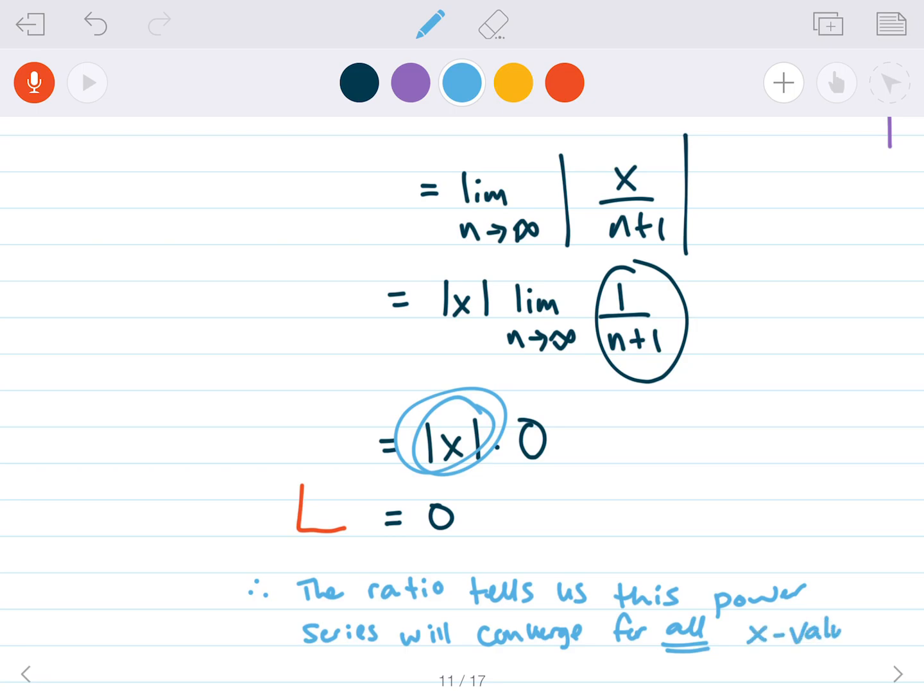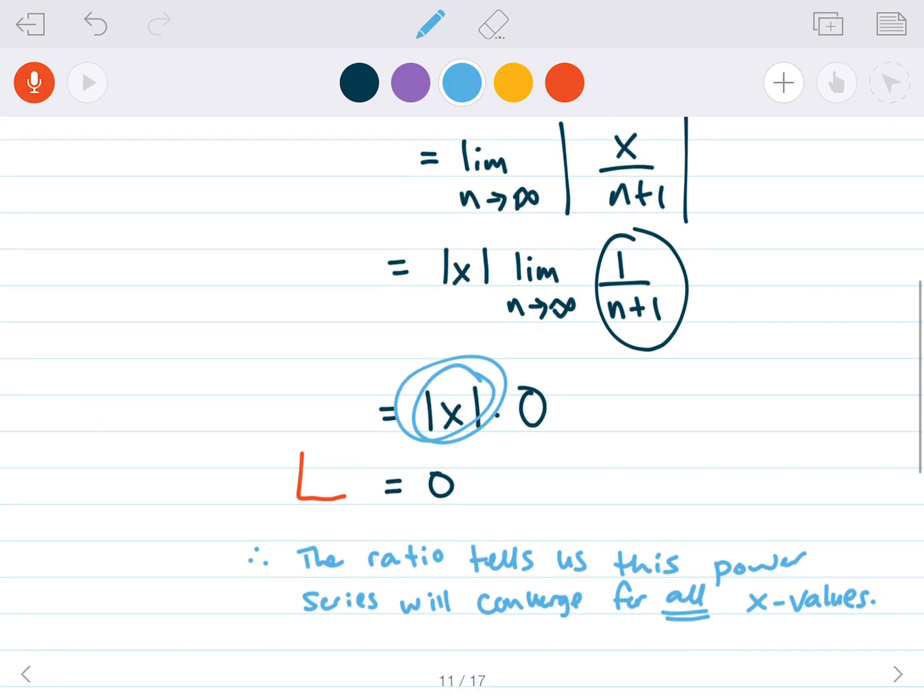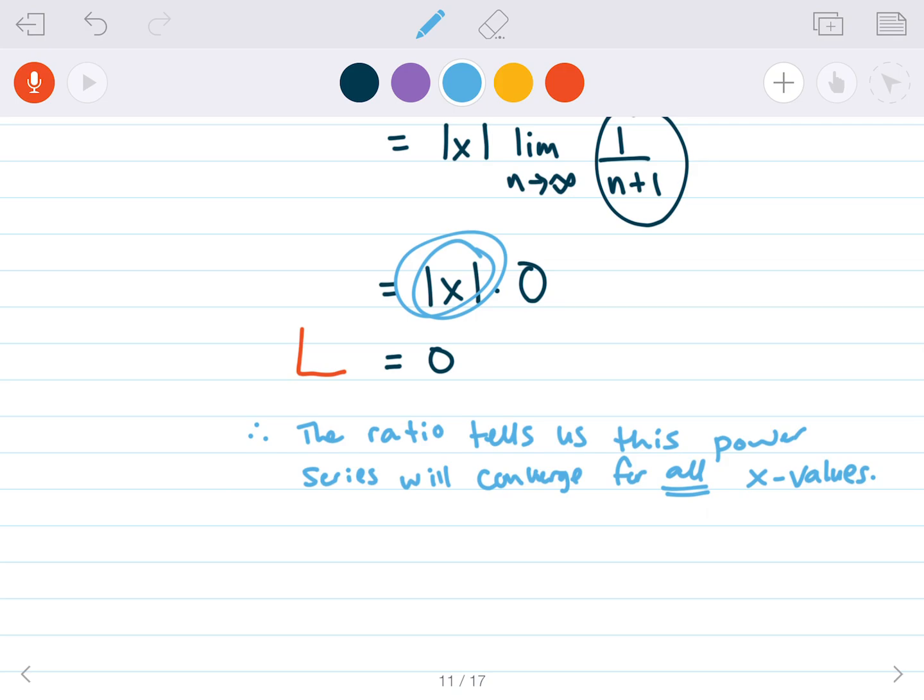What does that mean in terms of the radius and the interval? The interval of convergence is where it can possibly converge. Well, if it can converge for all x values, then our interval of convergence is just negative infinity to positive infinity.